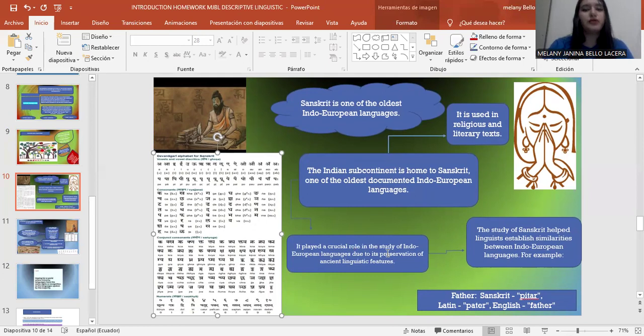It played a crucial role in the study of Indo-European languages due to its preservation of ancient linguistic features. And also the study of Sanskrit helped linguists establish similarities between Indo-European languages. For example, father is pitar in Sanskrit, in Latin it is pater, and in English it is father.